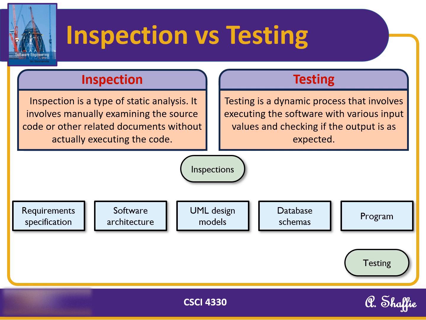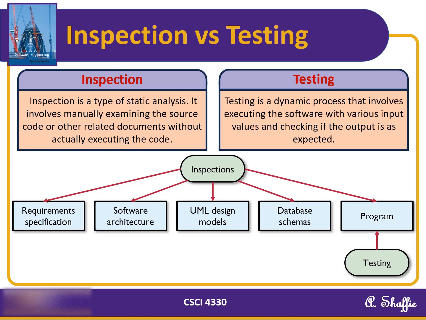This means you can inspect the requirement specification, the software architecture, the UML design model, the database schema, and even the program itself. However, testing is usually limited to the later stages when the system or program is ready to be executed. Of course, there are exceptions.